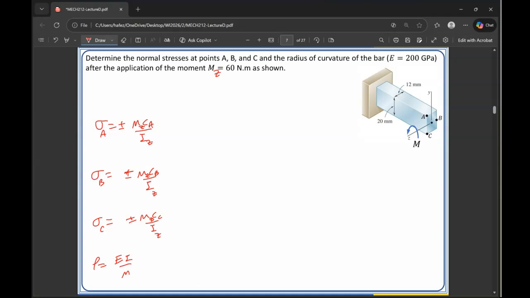Now we have to figure out the signs. And that is something that we do by visualization. So engineers tend to have good visualization. So let's practice that. I need 3 volunteers basically to tell me what sign to pick for the points.